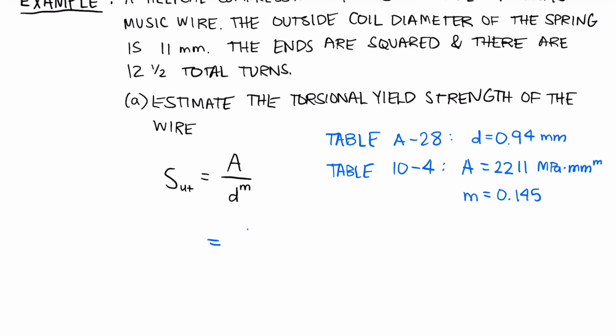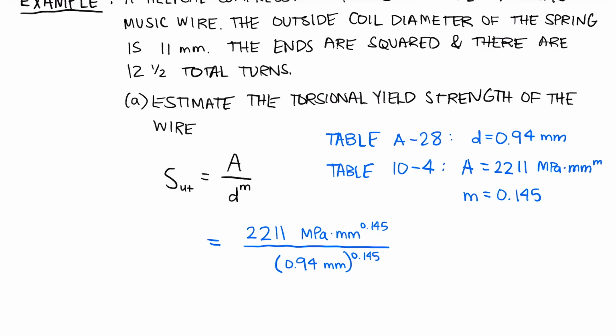So 2,211 megapascals times millimeters to the M power, where M is 0.145. This is just to show you how the units end up canceling. And then we have 0.94 millimeters to the 0.145 power.